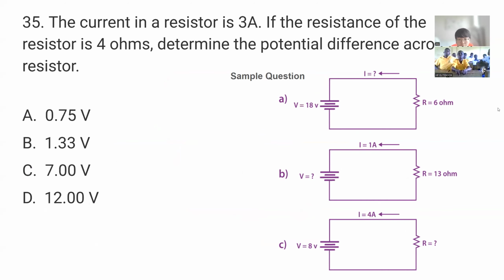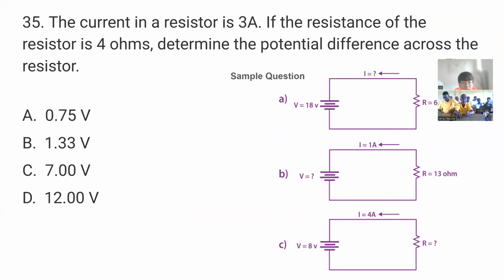So here is another question involving Ohm's law. The way I know this is because it gives us the current in a resistor is 3 ampere, and the resistance of the resistor is 4 ohms.